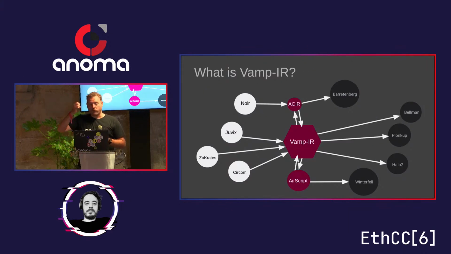So what we wanted is to be able to write a circuit like our MASP in a universal format like VampIR, and then we can have that circuit be audited and tested very well, and then we can take that and port it into any backend that we choose.